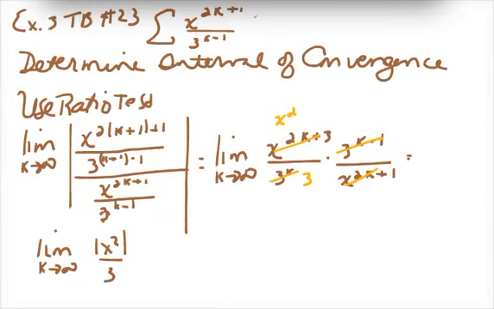And there's nothing with k there, so this limit is essentially the absolute value of x squared over 3, and you can drop the absolute value because you're squaring it.